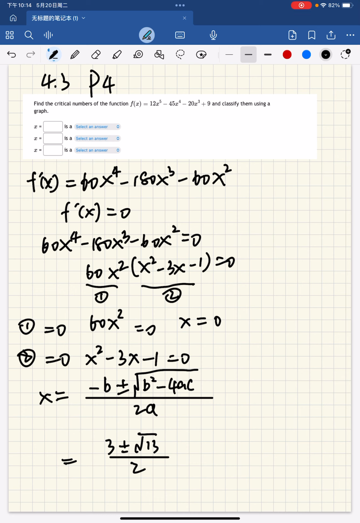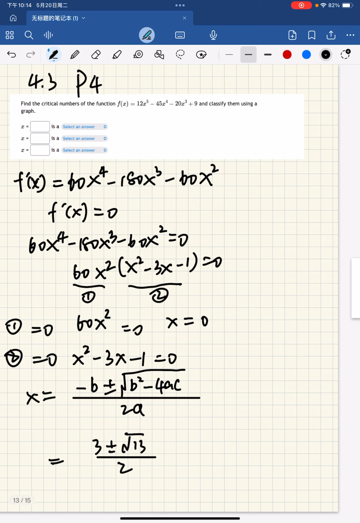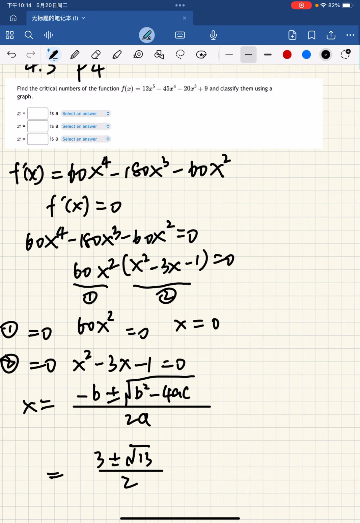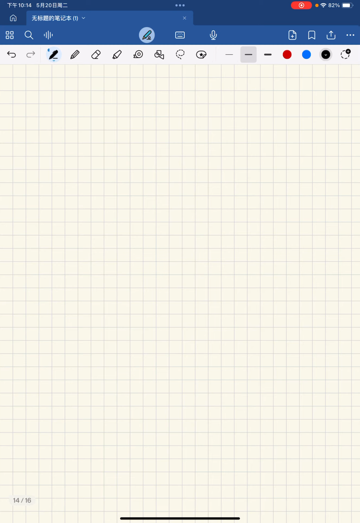So we already know all 3 critical points of this equation. We need to use the graph to classify them. We can use the critical points to divide the whole graph into different intervals.